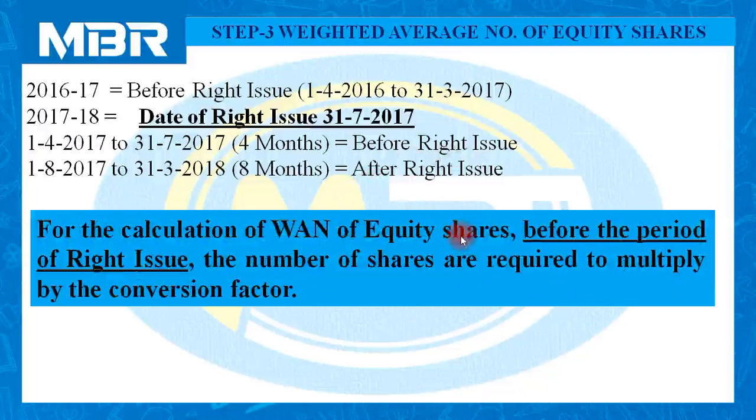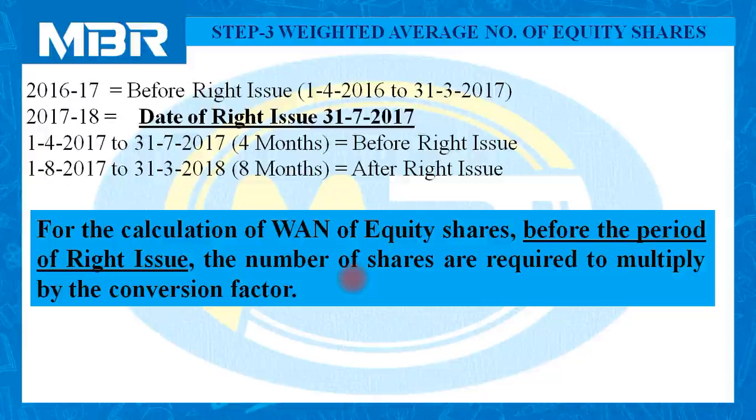Let us understand the calculation. For the calculation of weighted average number of equity shares before the period of right issue, the number of shares are required to be multiplied by the conversion factor. It is necessary for all of you to remember this rule. I have underlined this information so that you can focus on it properly.